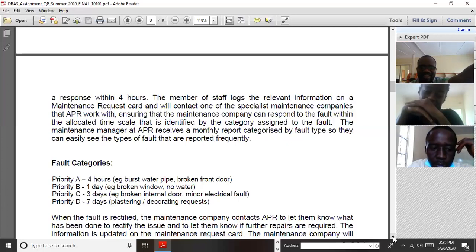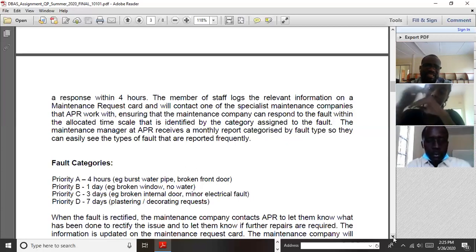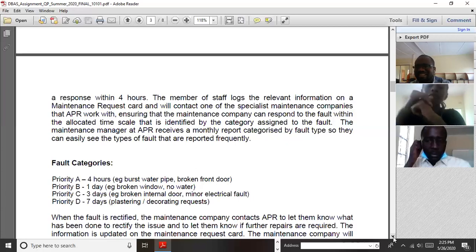But people are living and staying. It's not very important. Then priority D, this can be responded to within 7 days upon reporting, like plastering, decorating, same as painting, isn't it? It's not that important.